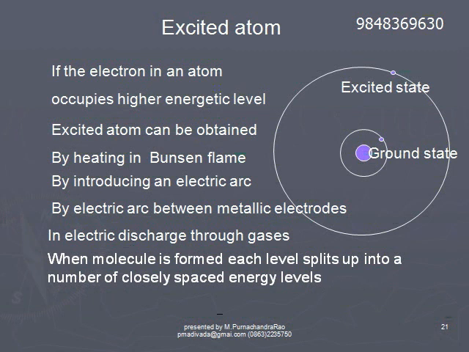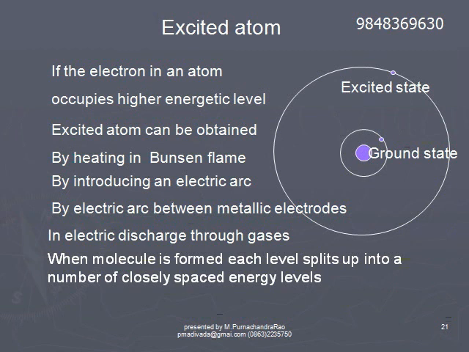In an atom, the energy levels are discrete and their separation is large. When we consider a single atom in which the electrons are situated in different orbits, the energy difference of these levels is very large.